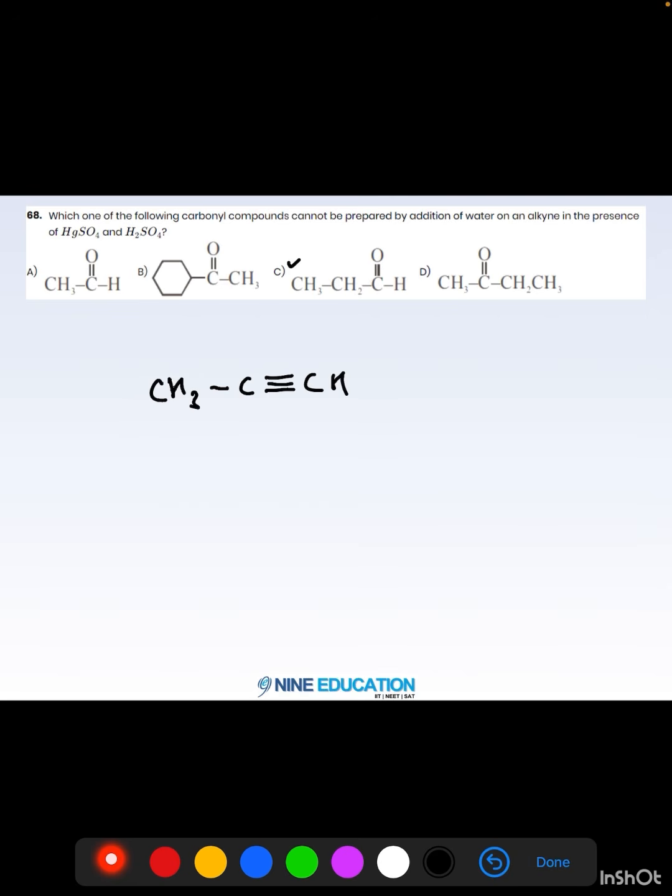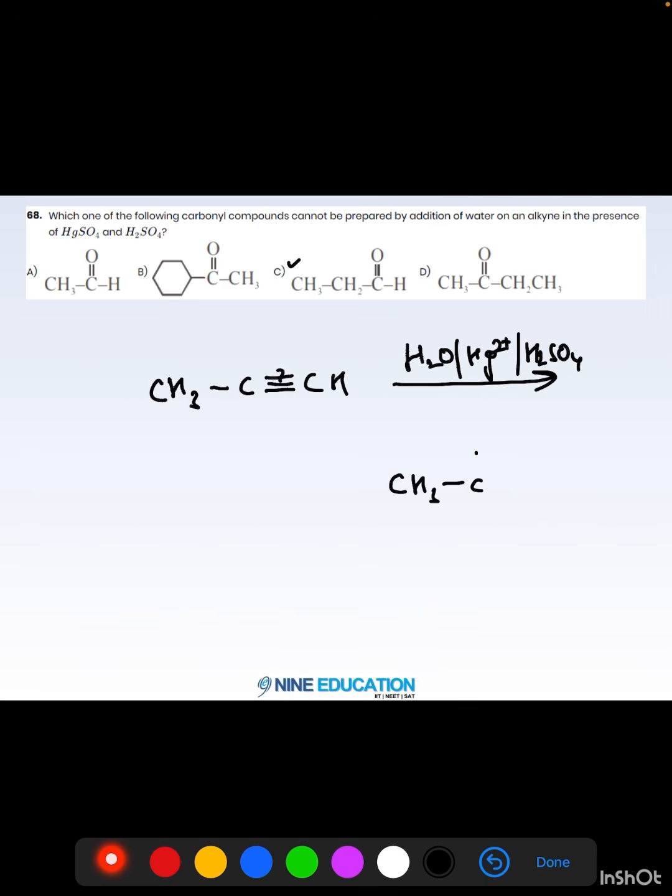So if we are having CH3 C triple bond CH, and when we will be doing hydration reaction here, water, right? Water you'll be using with HgSO4, meaning Hg2 positive and H2SO4, and when you will be doing hydration in this, by breaking the pi bond, you will just simply do the addition of water in Markovnikov manner.